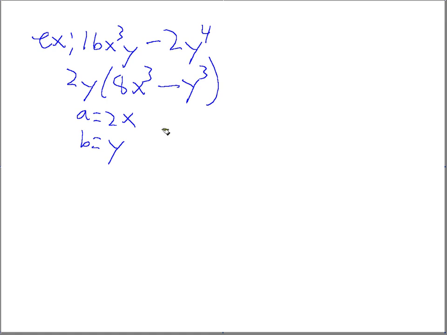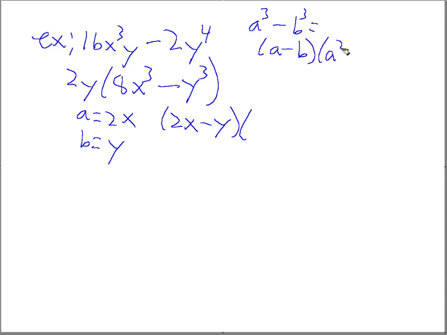So this difference of 2 cubes is going to factor to 2x minus y, a minus b, that was the first factor, times a squared plus ab plus b squared. So write the formula again if it helps you: a cubed minus b cubed is a minus b times a squared plus ab plus b squared. Remember, for the difference of 2 cubes, the ab term has to be positive.